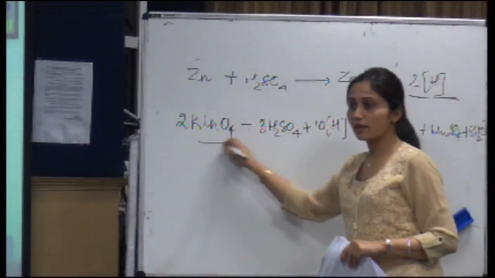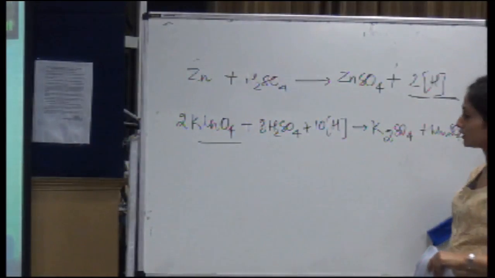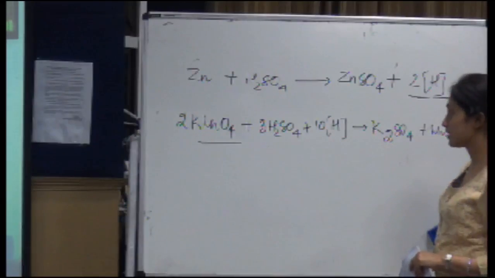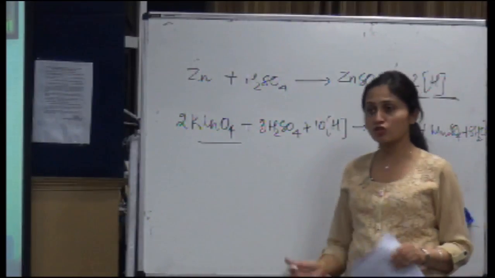KMnO4 is pinkish purplish in color, so that decolorization happens when you add nascent hydrogen. So just a reaction which is to be gone through.